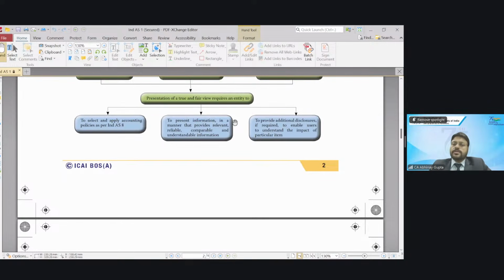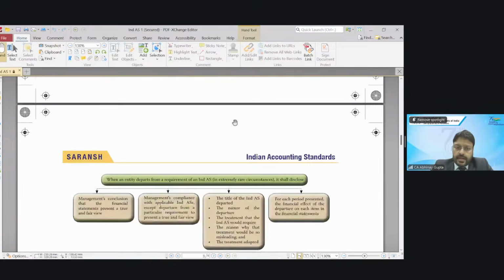But we shouldn't be unnecessarily flooding the financial statements with detail which is of no relevance. That's the balance we need to strike while preparing the financial statements: neither should they be missing any important piece of information, nor should they be overflooded with unnecessary detail.